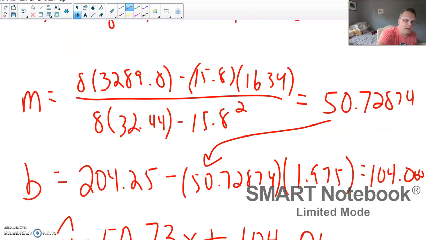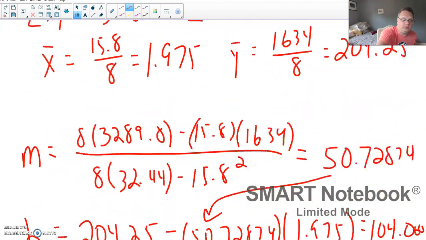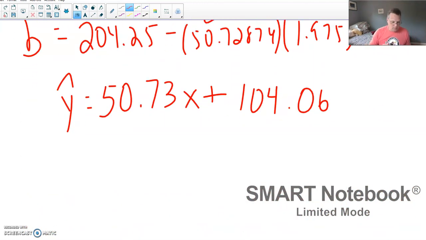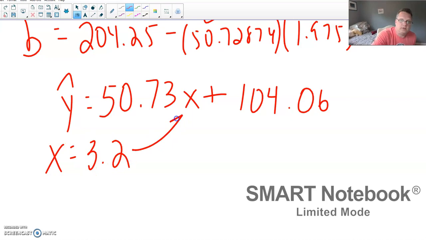Now I said I wanted to find what 3.2. So my advertising expense is 3.2, which means x equals 3.2. So the x is going to go right in there. Now I just made this up, so I haven't done it yet. My predicted company sales based on 3.2 advertising expenses, remember that's in thousands of dollars.